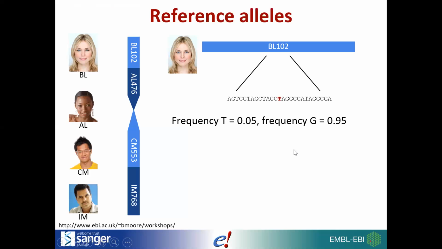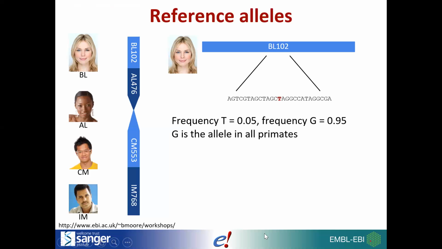So having a variant which is different from the reference genome does not really tell you that you have a dangerous variant. You might in fact be carrying just something that 95% of the population has, which obviously can't be hugely harmful.